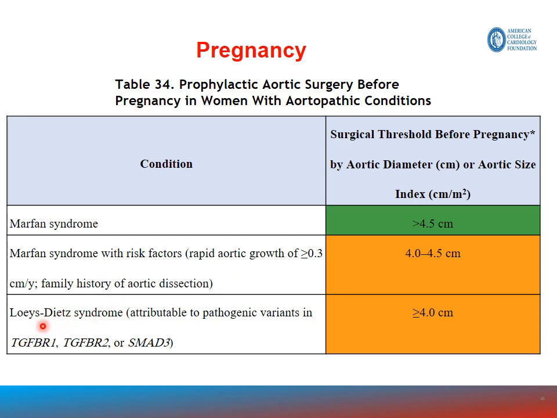If the patient has Loeys-Dietz syndrome with certain pathogenic variants in the transforming growth factor beta R1 and beta R2 or SMAD3, the cutoff value for intervention is 4 cm or more.